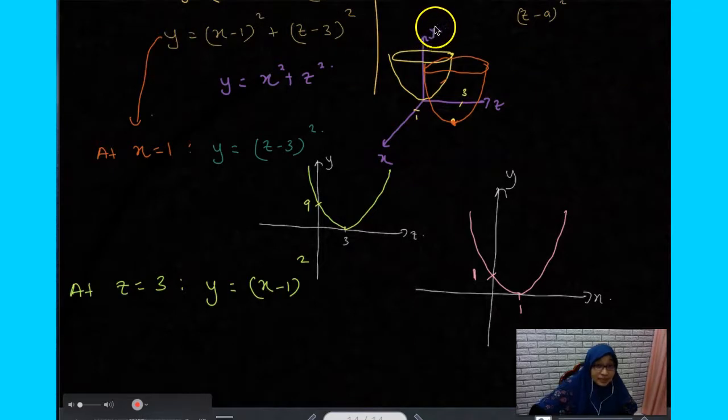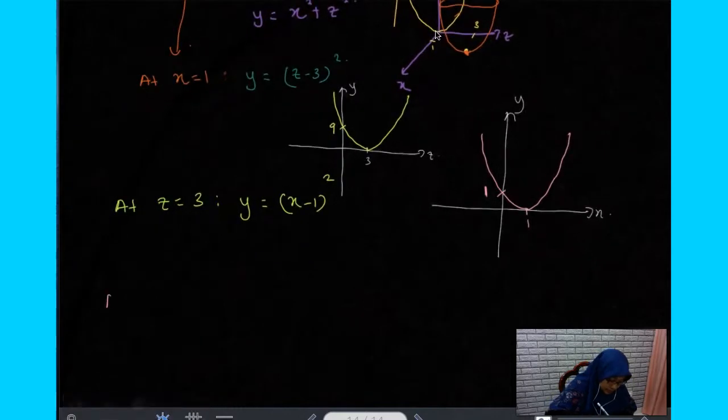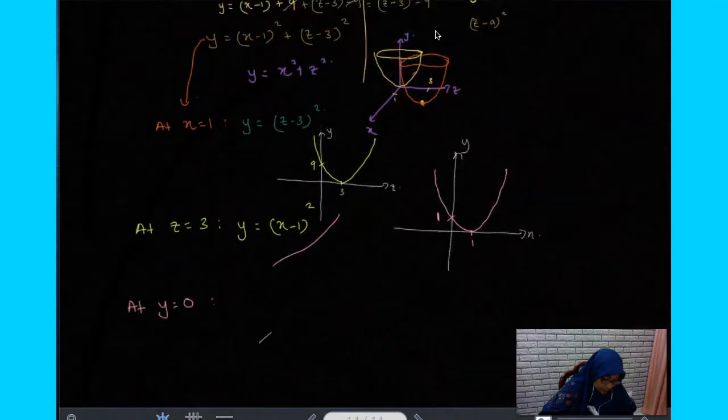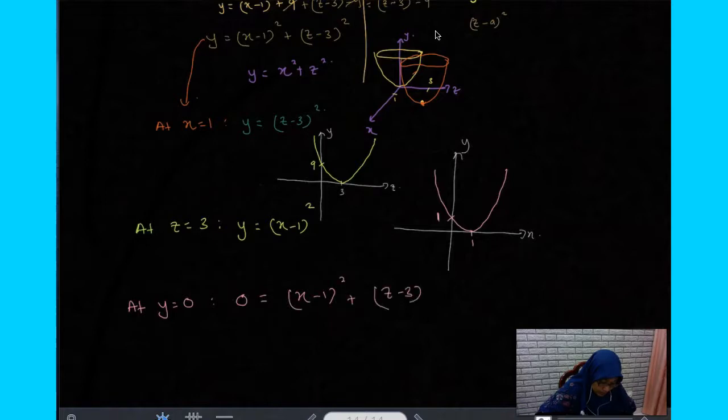So at y equal to 0, what can we have there? Then we put 0 equal to x minus 1 squared plus z minus 3 squared.